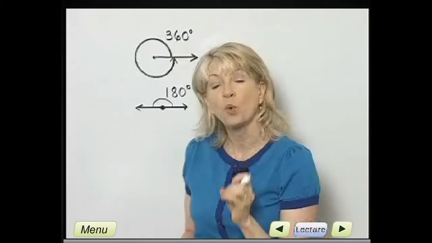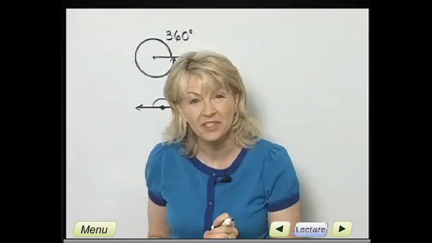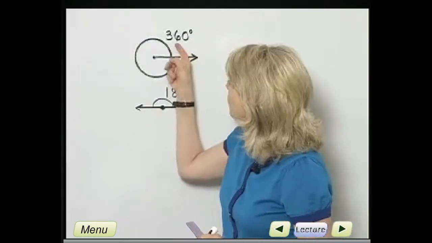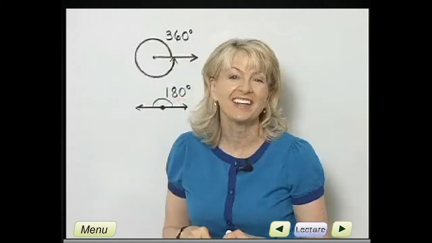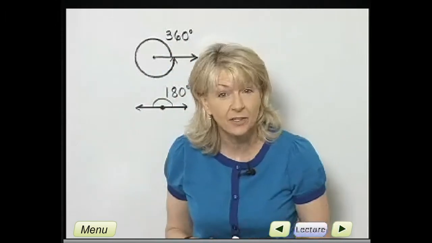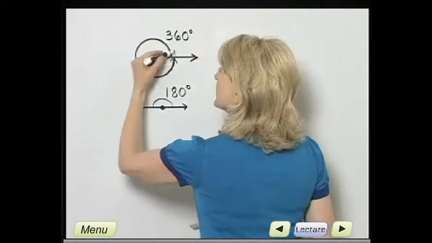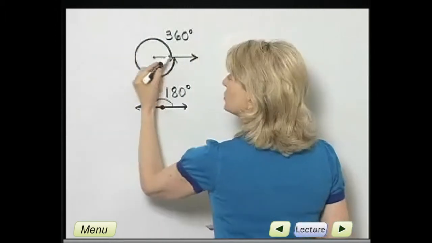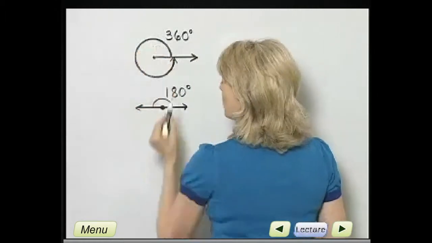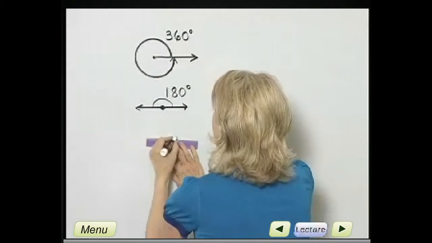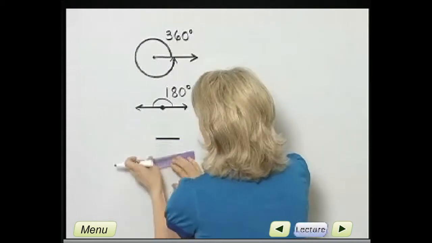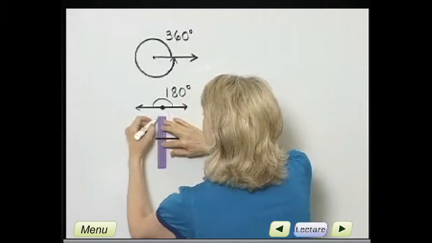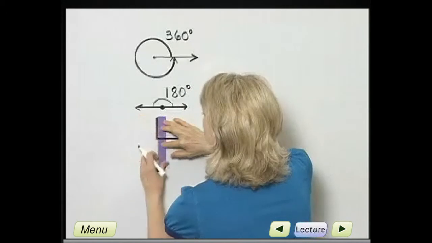What about 1/4 of a full revolution? If you take 1/4 of 360 or 1/2 of 180, either way you get 90 degrees. And instead of a full revolution, if I only go 1/4 of the way, the angle looks like this. And I think you probably know the name of this angle.